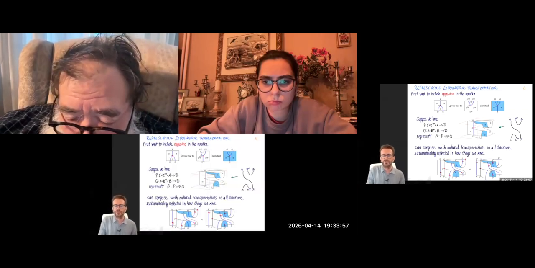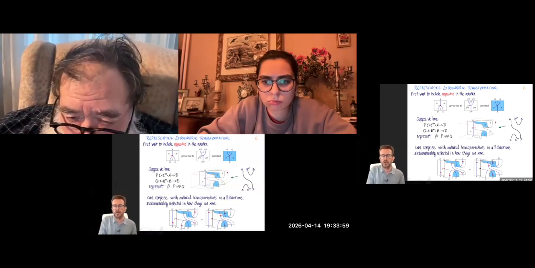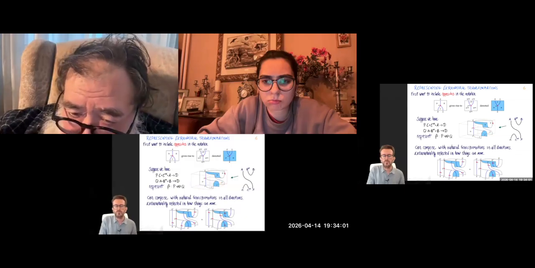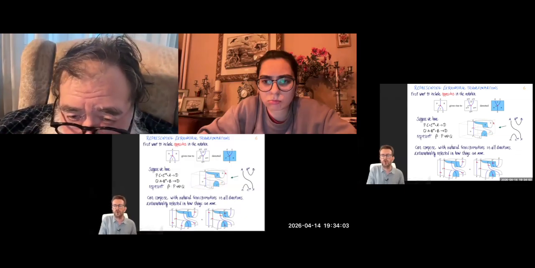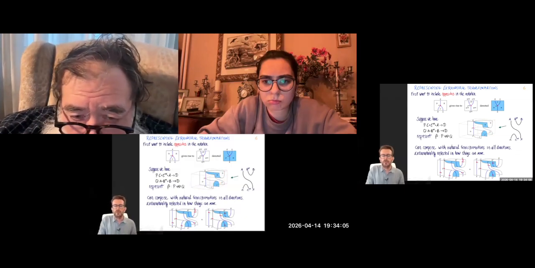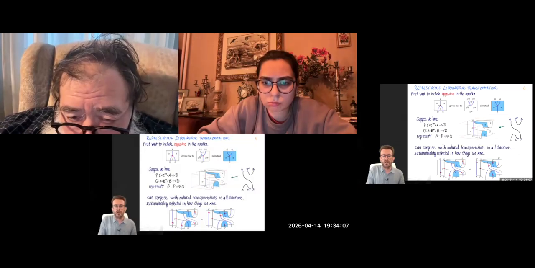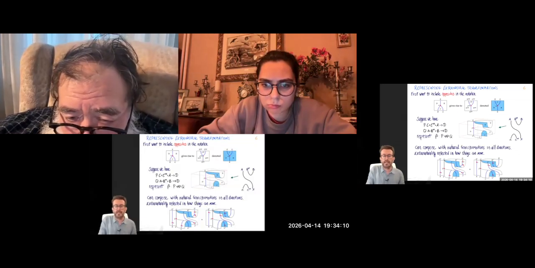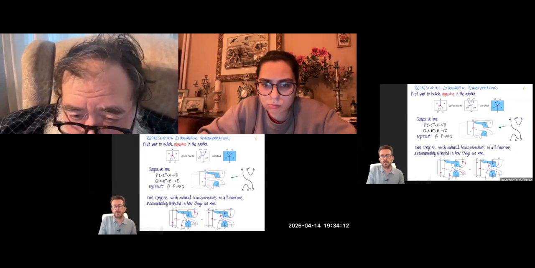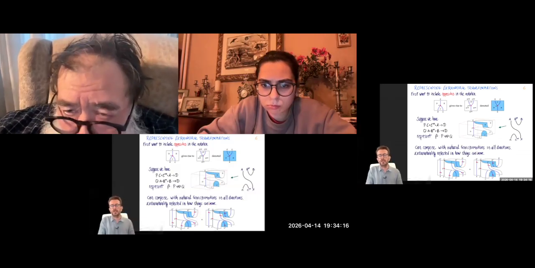Similarly we can do stuff at the other side as well. If we have a natural transformation from H prime to H, which would be our theta here, we can compose that on this side.